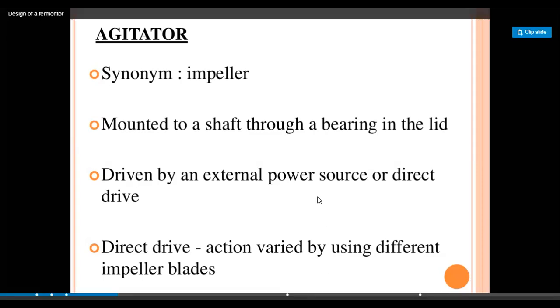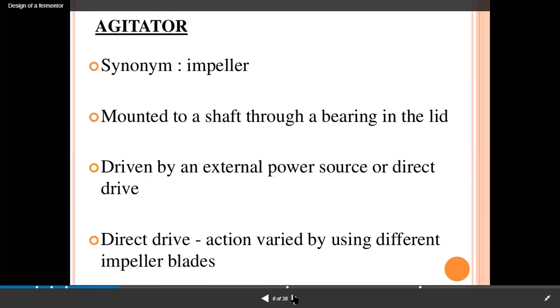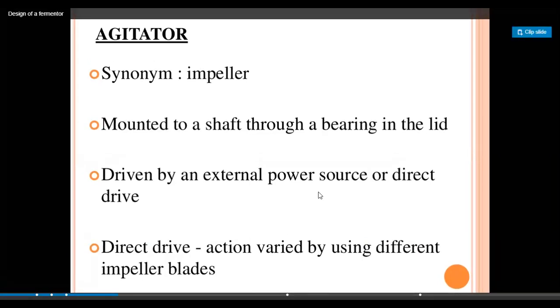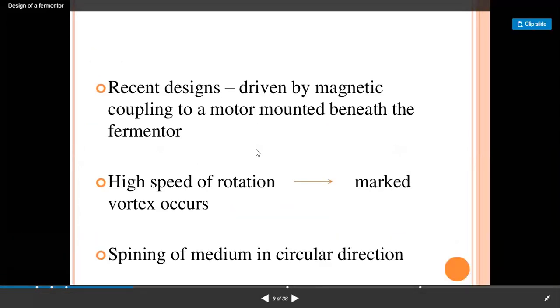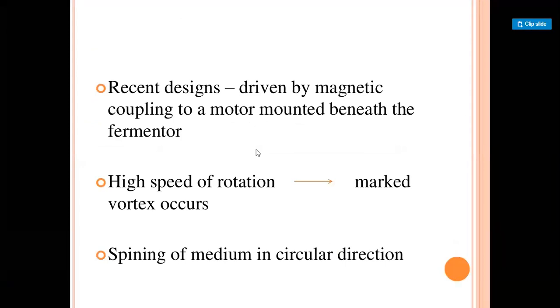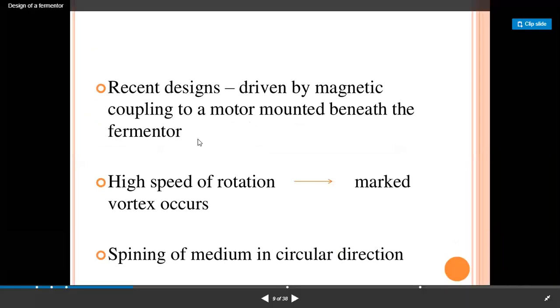Different blades can be used here, not only a single one. Based on our need and conditions, we can change the impellers. That facility is also available in the structure. Recent designs are driven by magnetic coupling to a motor mounted beneath the fermenter, just below the fermenter, so we can provide these magnetic coupling motors also.